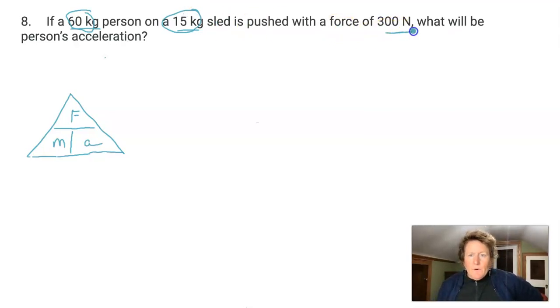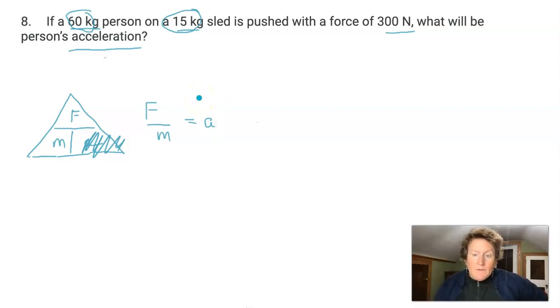You're given the force, you're given the mass, we're finding acceleration. So you cross out acceleration in our triangle here, and your formula is going to be force divided by mass is equal to acceleration. So combine those two masses in the problem and use that sum in your equation.